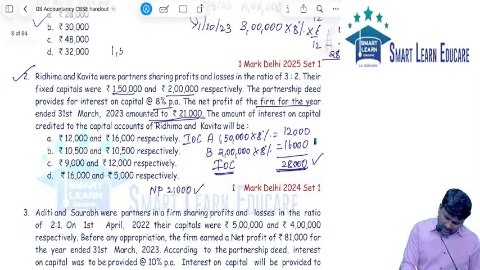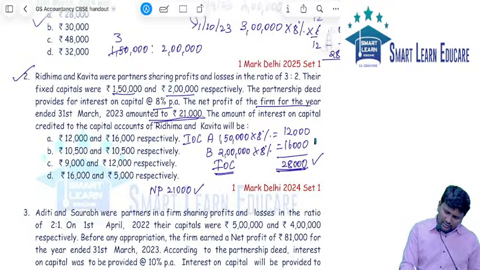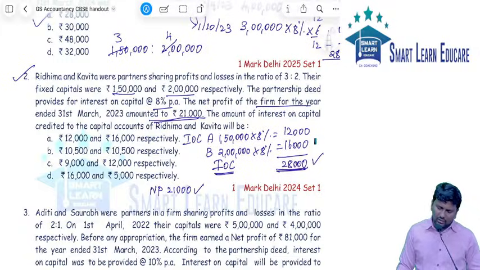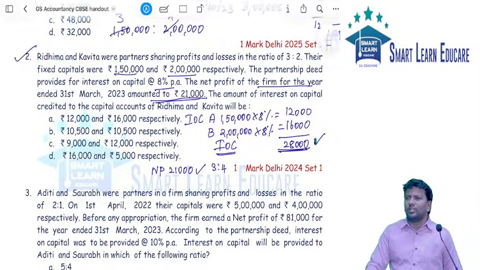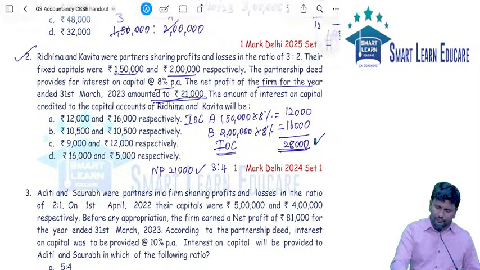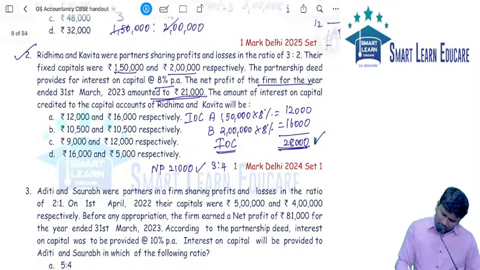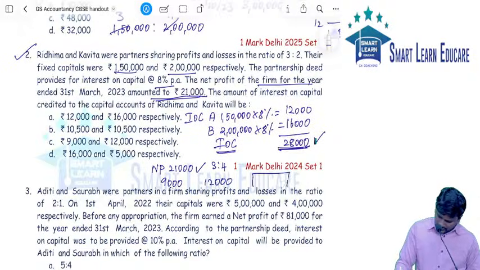It is 1,50,000 is to 2 lakh, which is nothing but 3:4. Appa in the 21,000 profit you should share in what ratio? 3:4. Can you tell me 21,000 in 3:4 ratio? 21,000 divided by 7 into 3 will give you 9,000 and 12,000. Appa total amount comes to 21,000. That's all.